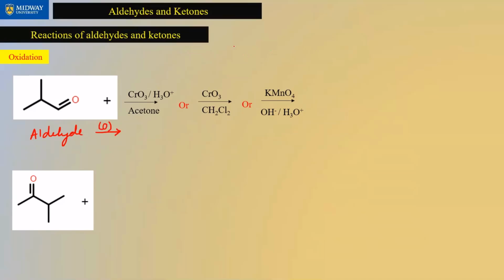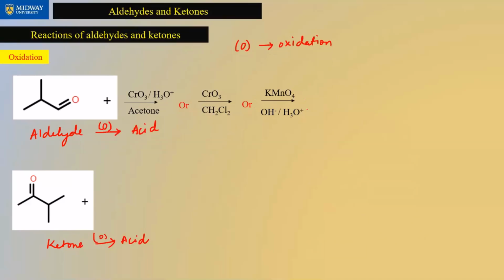This is a shorthand notation for oxidation. Okay, this does not mean that these are replaced by an O. O just means oxidation is carried out. Aldehyde under mild or moderate oxidizing agents will give you acid, and so is ketone. Okay, how the product is formed is different, but both aldehyde and ketone on oxidation give you an acid.